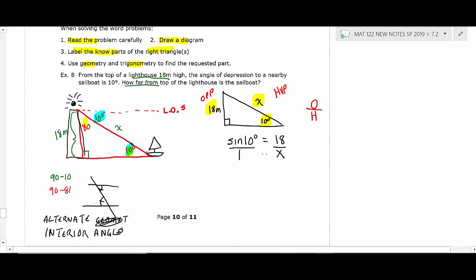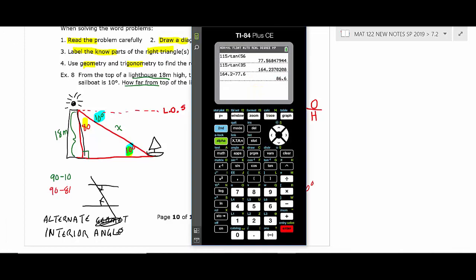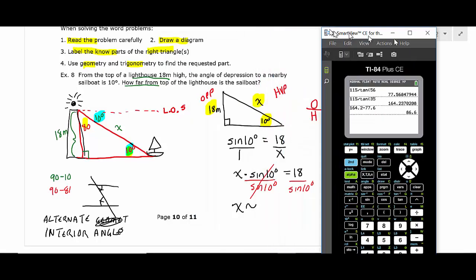So I'm going to put that over 1 and cross multiply, so that's x times sine of 10 degrees equals 18. Then I can divide both sides by sine of 10 degrees and get the calculator out. Let's see what we get. Make sure you're in degree mode when you do this.